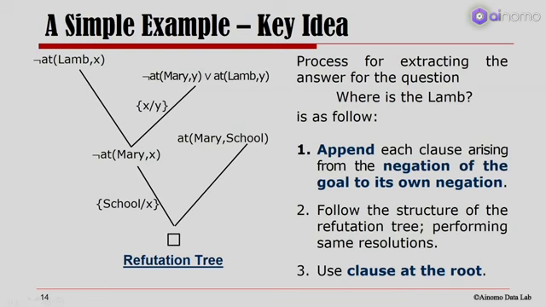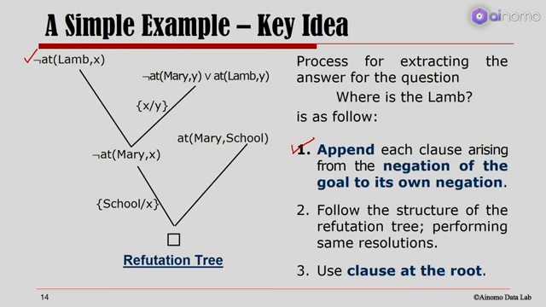I append each clause arising from the negation of the goal to its negation. That is, this was the statement which was negation of the goal. If I append this to its own negation, that means I would be converting it to a tautology.